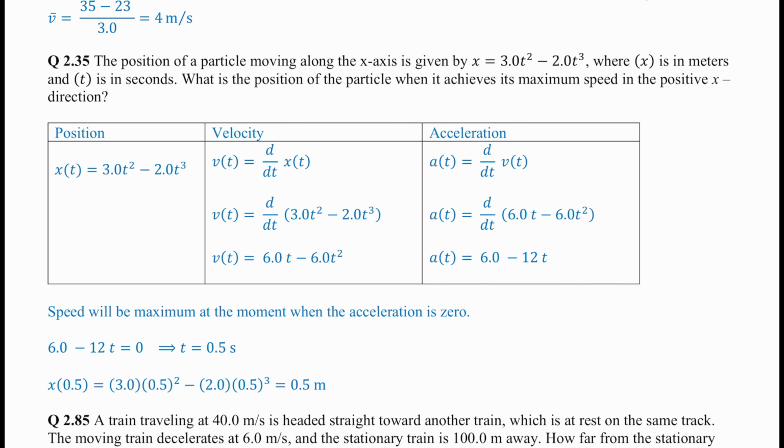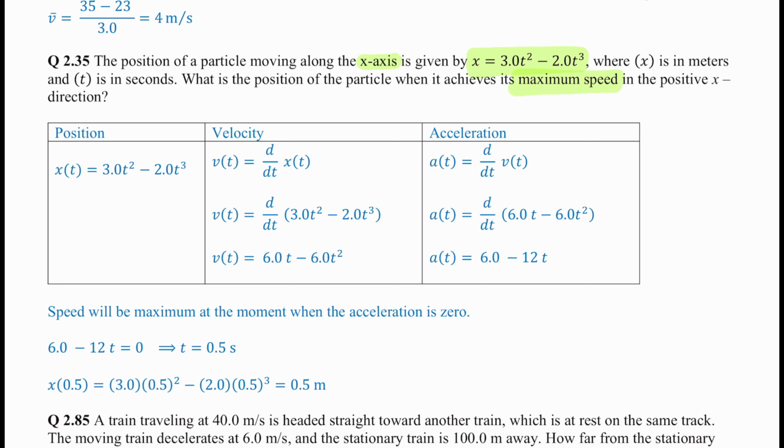The position of a particle moving along the x-axis, and the displacement is given. So 90% of your question is solved, where x is in meters and t is in seconds. What is the position of the particle when it achieves maximum speed?